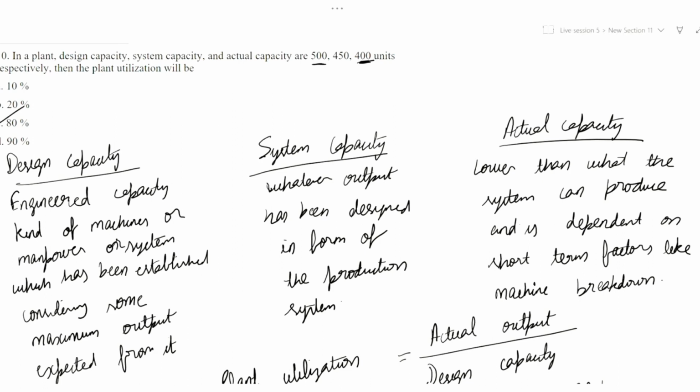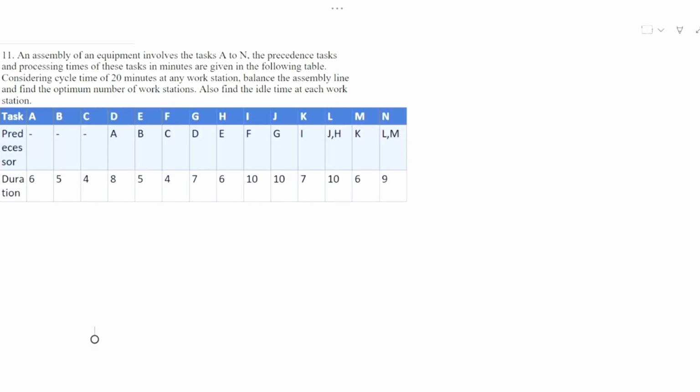Okay, so the next question is, an assembly of equipment involves the tasks A to N, precedence tasks and processing time of these tasks in minutes are given in the following table.